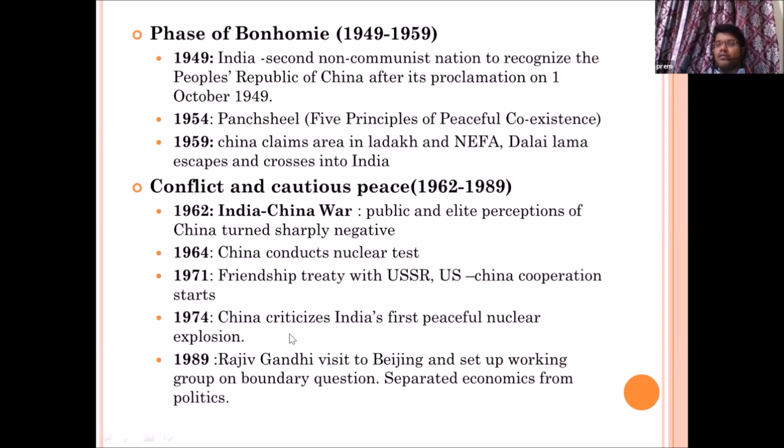So we went to war in 1962. After that war, complete animosity was generated between India and China. And then, because of certain other things like nuclear tests, the India-Bangladesh war, and US-China relations, slowly we started improving our relationship, especially after Rajiv Gandhi's visit to Beijing from 1989.